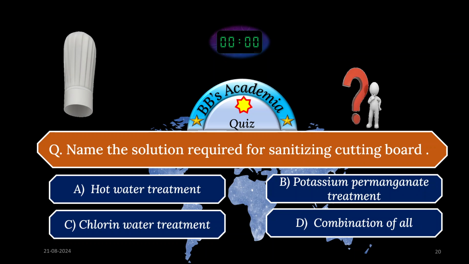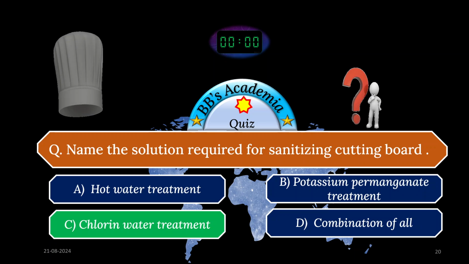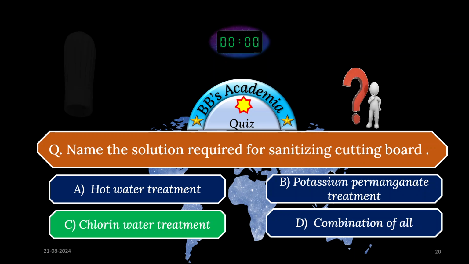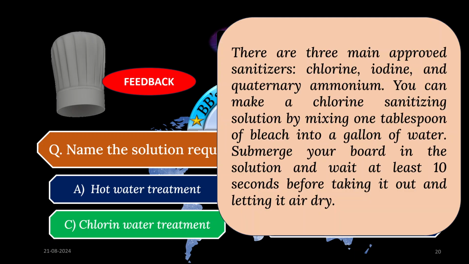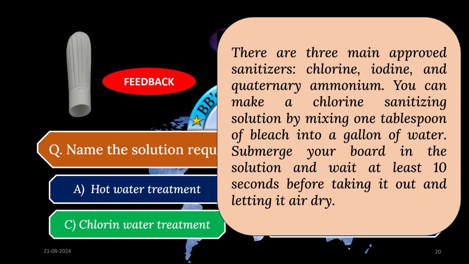I'm very sure that all of you who are already working in the kitchen, in your training lab, know which solution is used, and it is nothing but chlorine water treatment. Let us know a little more about this. There are three main approved sanitizers: chlorine, iodine, and quaternary ammonium.